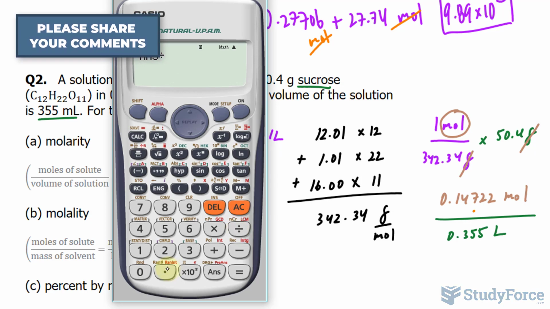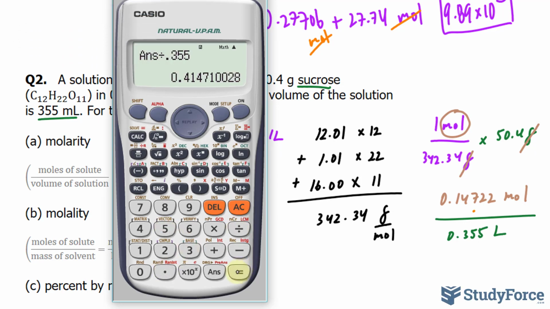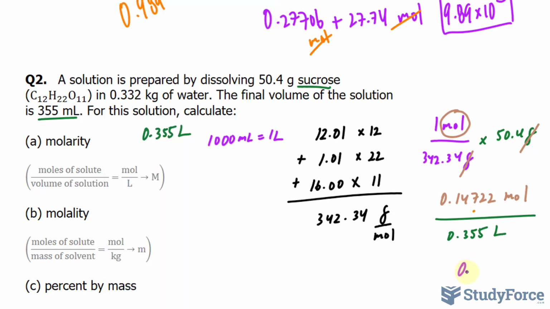So I'll divide this number now by 0.355, and we end up with 0.41, and since we have to stop at 3 significant figures, that 4 becomes a 5 because it's followed by a 7. So 0.415 molar. And feel free to write down moles per liter, it's the same thing.